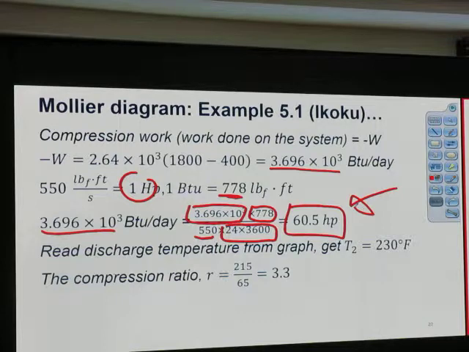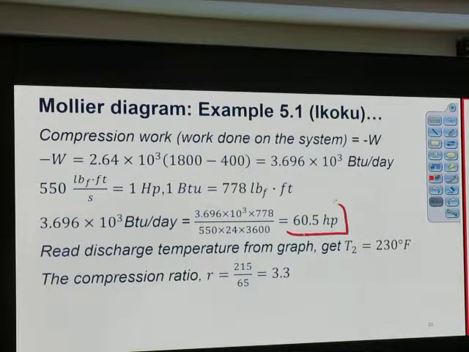Or if the vendor tries to sell you, hey, you need about 100 horsepower, then you can double check it with a quick calculation. Maybe the right answer is 60.5, your calculation may be 55, 60, 70 or something, but you know that what they tell you is wrong. It's not like whatever the vendor tells you is correct. Like whatever I teach you, it doesn't mean it's correct. It could be wrong, so you double check it.